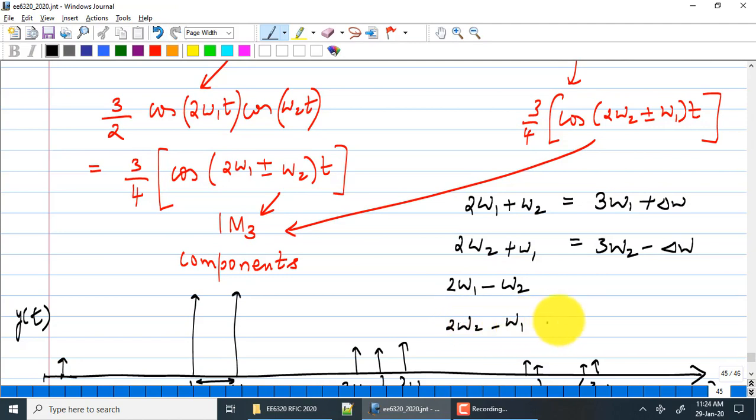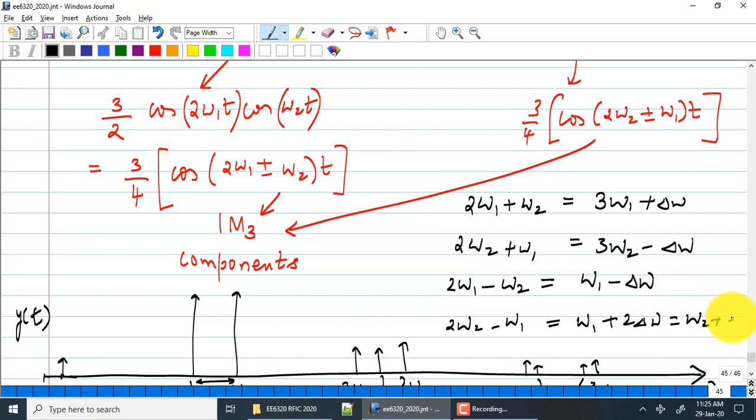So 2 omega 2 minus omega 1 is nothing but omega 1 plus 2 delta omega. And 2 omega 1 minus omega 2 will be omega 1 minus delta omega.